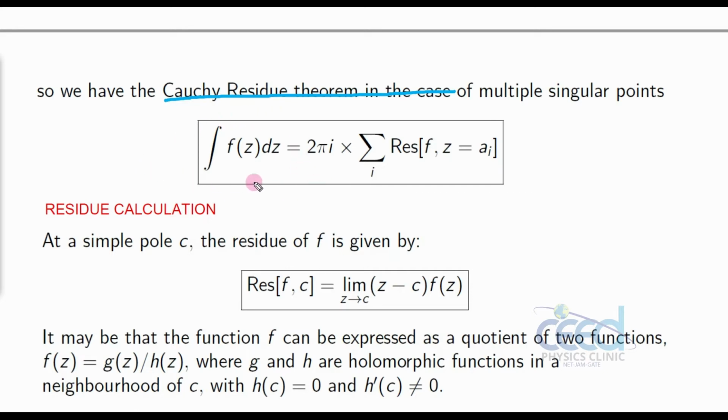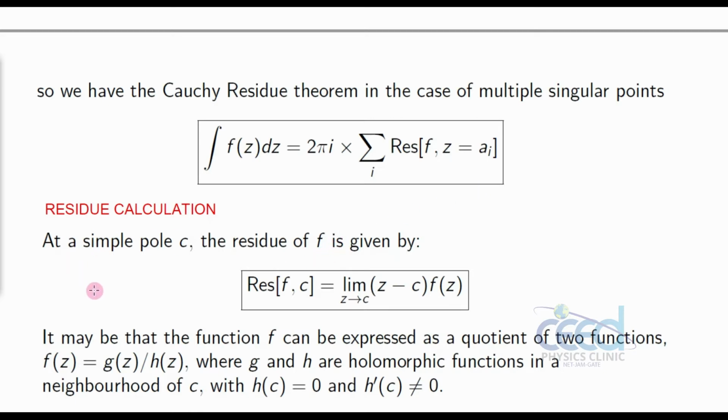To calculate this complex integral, we must calculate the residue. Now we are going to discuss how to calculate the residue of a function, and in the next section we will discuss how to solve the integral using this.